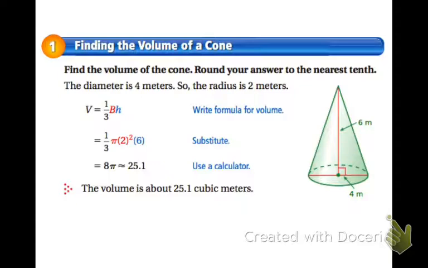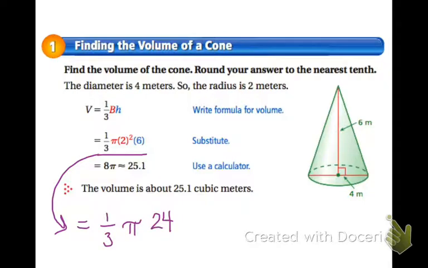At this step right here, in the middle, since we're going to have 4 times 6, I'll bring this down actually, 1/3 pi and then times 24.